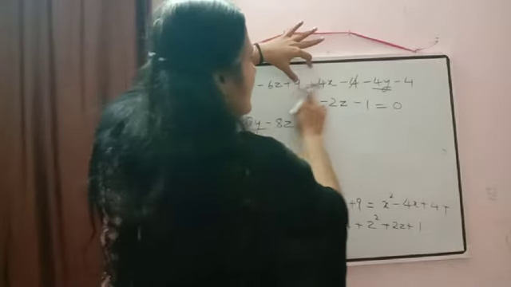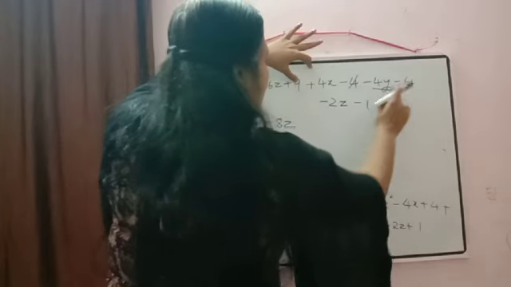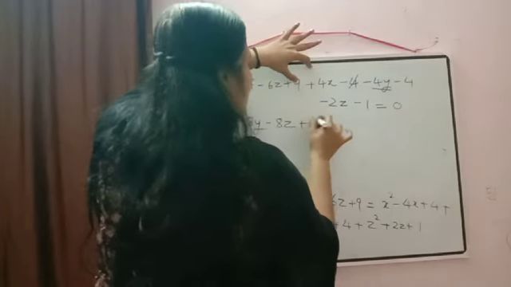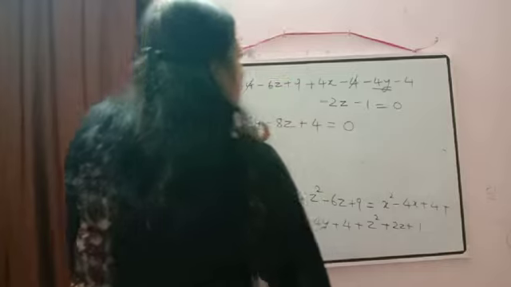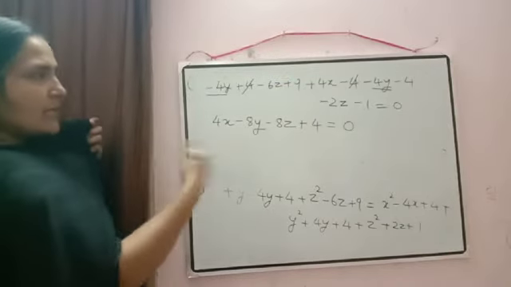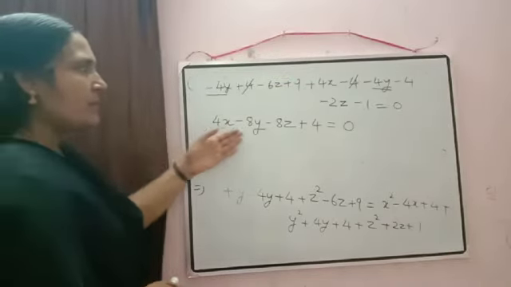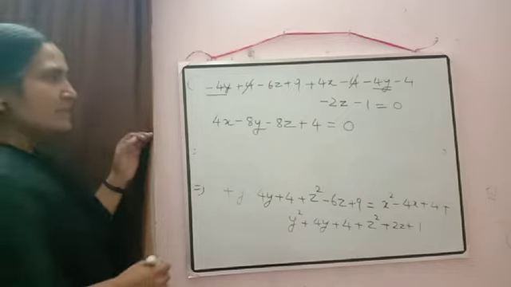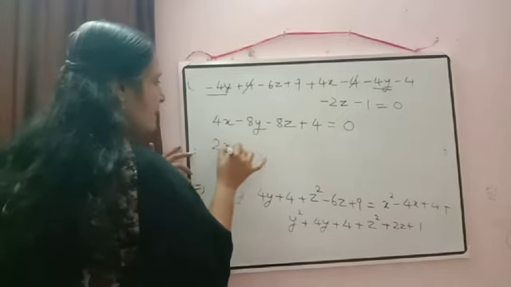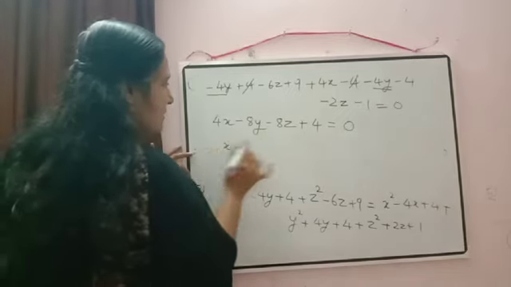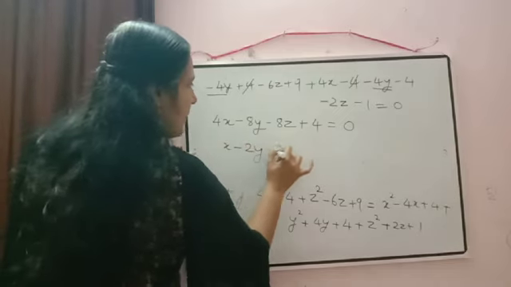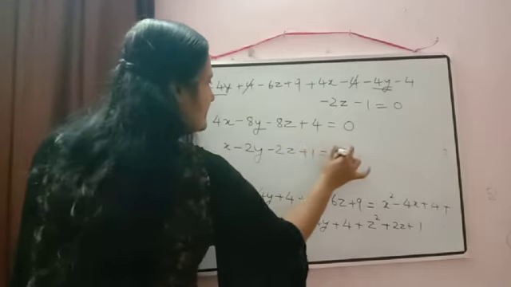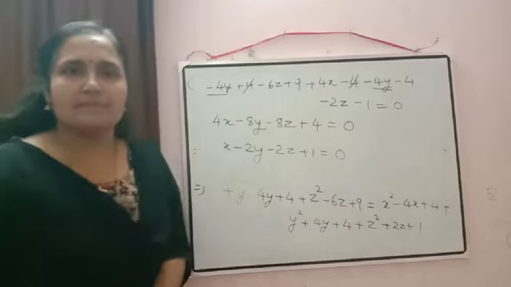Then remaining is 9 minus 4, 5. 5 minus 1, 4. So plus 4 is equal to 0. If you want, you can cancel the whole expression by 4 because all the numbers are divisible by 4. Then we will get here 2x minus 2y minus 2z plus 1 is equal to 0.